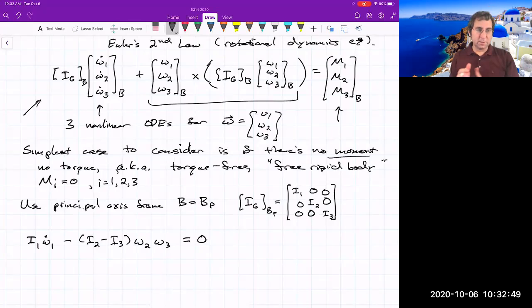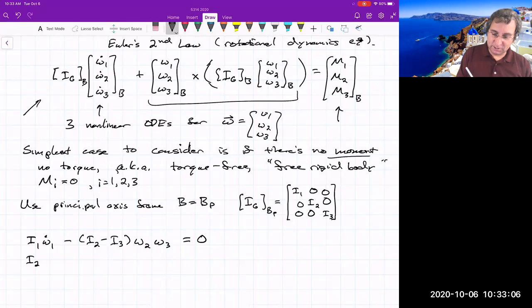And you can see this sort of symmetry. We've got 1, 2, 3, 1, 2, 3. We basically just do a cyclic permutation of the numbers 1, 2, and 3.